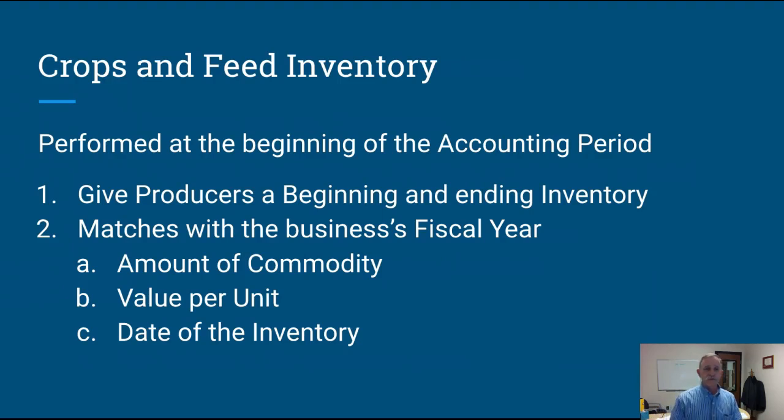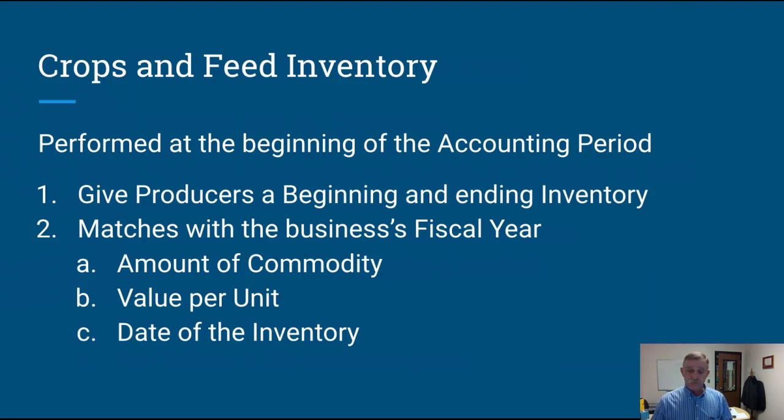Crops and feed inventory are performed at the beginning of the accounting period, and like I've said before, typically we have to file with the IRS for our business, and for most of us that is January through December. If you've selected a different time period, that's okay. It's just that we take a list of inventory at the beginning or ending of that period.